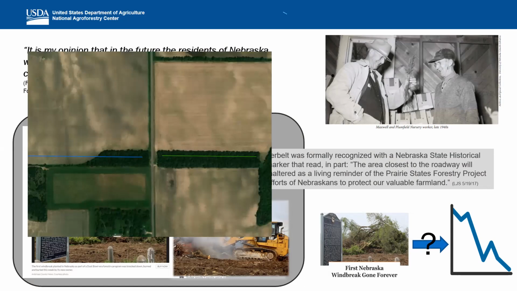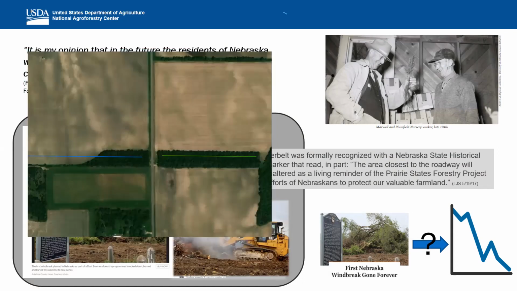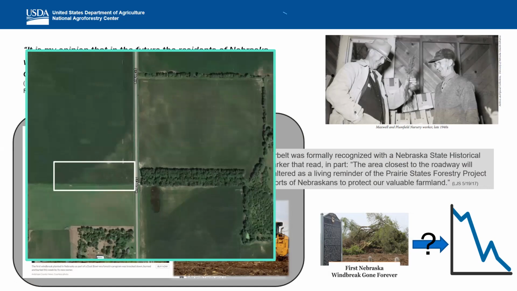So you can see where that blue line is going on the west side of the road, there is where the marker was. You can see a little bit of a pathway there we could drive in. So that's what it looked like before, noting that it had already been partially removed, obviously, and this is what it looks like now.